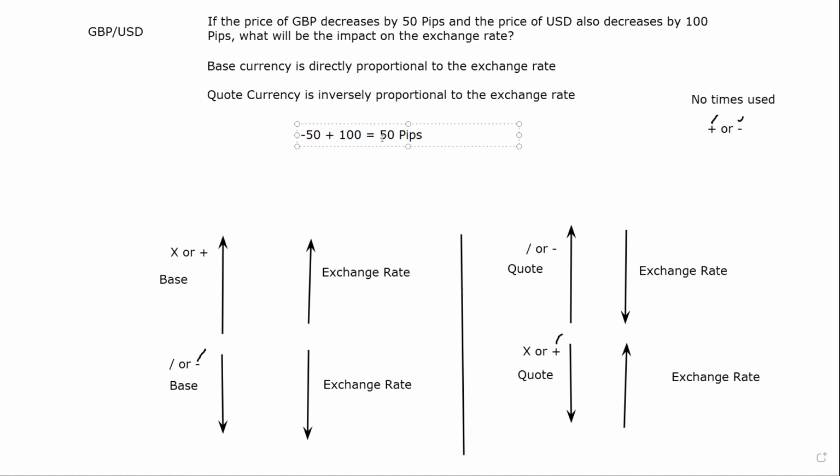So it means that the price will increase by plus 50 pips. That's it. Now let me do one more problem so that you can understand it.